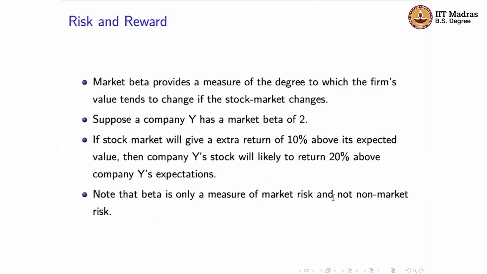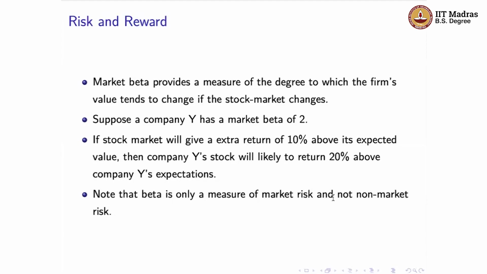Okay, so what are the uses of this market beta? For instance, it provides a measure of the degree to which the firm's value tends to change if the stock market changes. Suppose that you have a company Y which has a market beta of 2. If the stock market gives an extra return of 10% above its expected value, then the company Y stock on average is likely to return 20% above company Y's expectation.